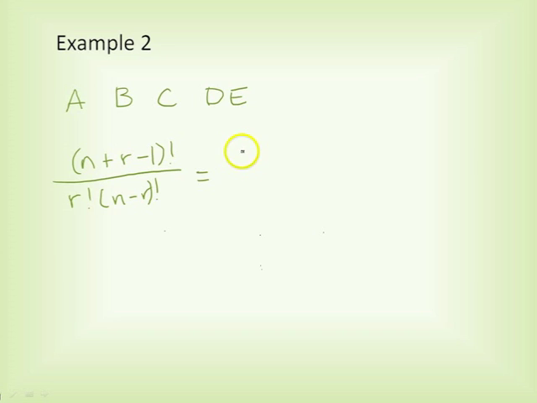We plug our numbers in, 5 plus 3 minus 1 factorial over 3 factorial times 5 minus 1 factorial. This equals 35, which is the number of different combinations we can use, assuming that we can take as many of each item as we want.